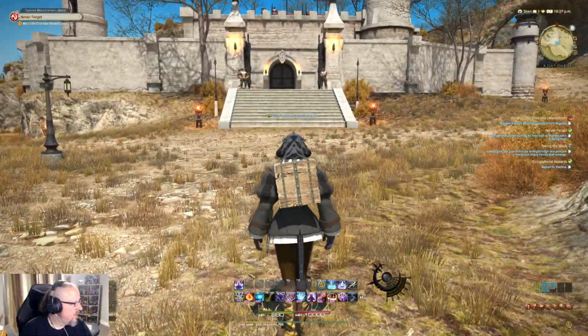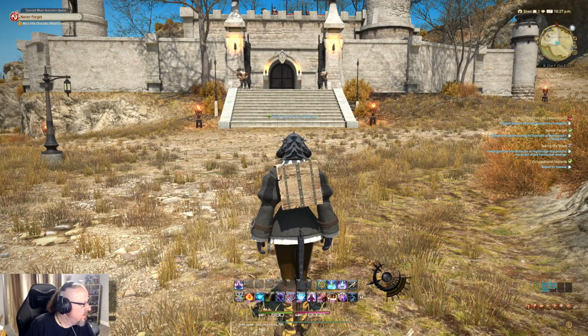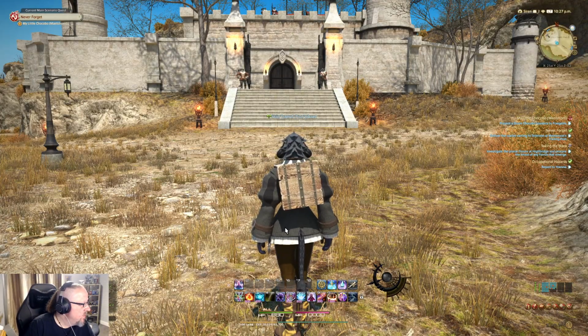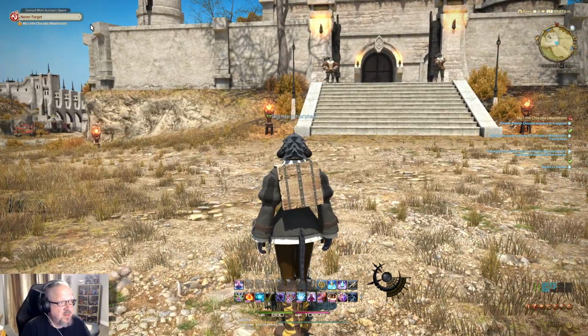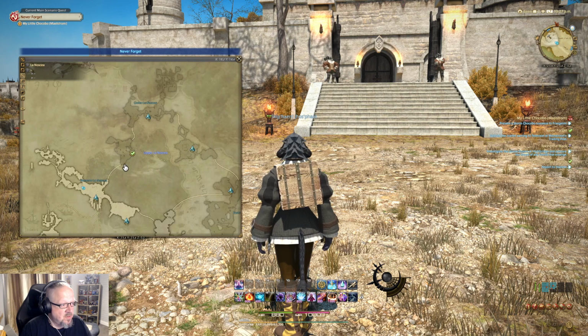Deliver the scarlet earring to Tetaroon at Memaroon's trading post. So we gotta find Memaroon's trading post, which is here. And I went past it.